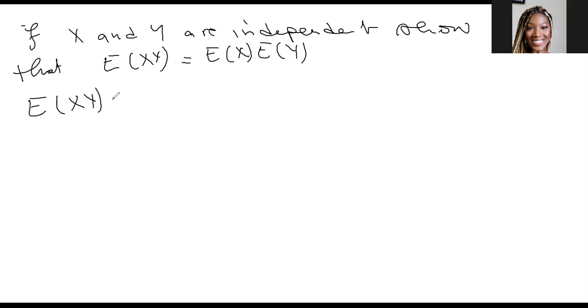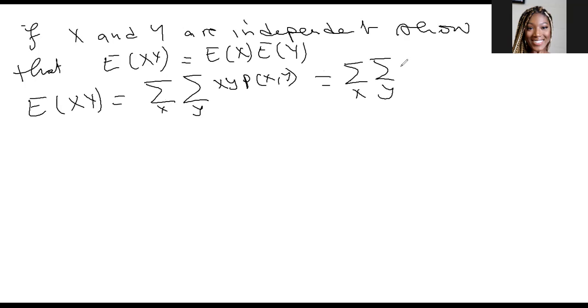E of x times y is sum over x, sum over y of x times y, P of x y. Because x and y are independent, this can be written as x times y, just like P of x times P of y. Whenever we see x is Px of x, then y is Py of y.